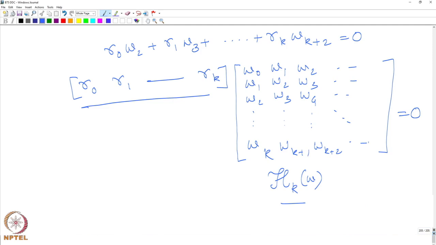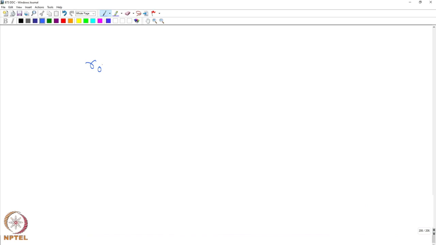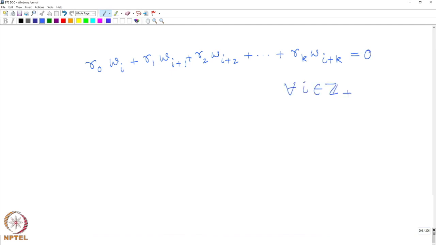If you start from a vector which is in the left kernel of HkW, it is going to be orthogonal to all these, which will translate to the fact that R0 Wi plus R1 W(i+1) plus R2 W(i+2) plus dot dot dot up to Rk W(i+k) will be equal to 0 for all i in Z plus.